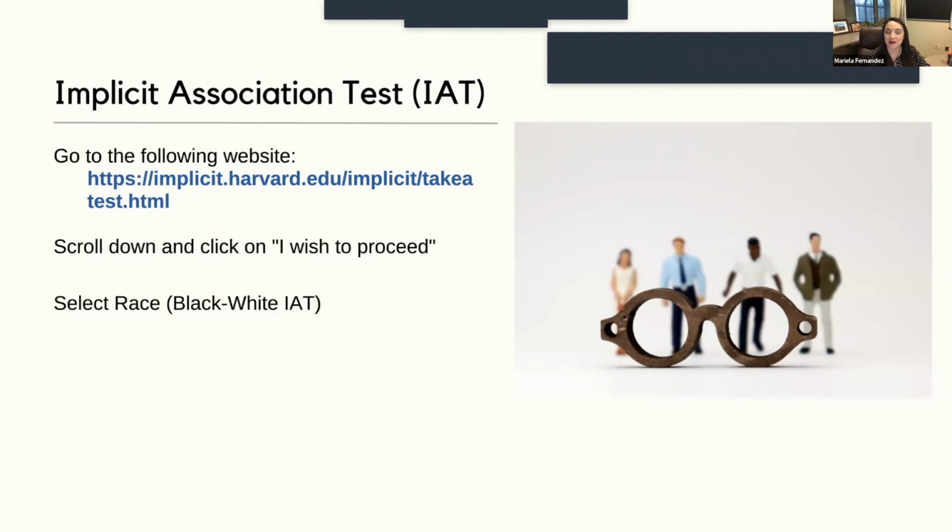It's on the computer. Let's see if Dave put it in the chat. Should be there, Mariela, I think. I cannot see the chat, but if it's there, I'll give everyone a quick second to go to the website. Again, scroll down to "I wish to proceed" and select the race test.